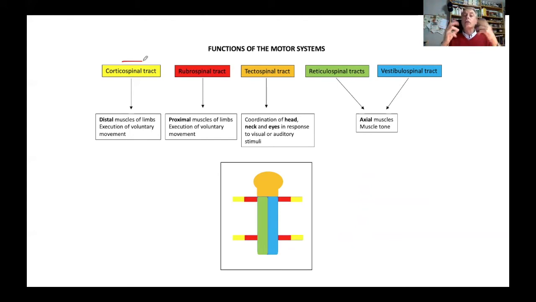So this corticospinal tract is going to innervate muscles that are in the distal portions of the limbs, right here, in the forelimbs or hind limbs. This tract is very well developed in primates, in our case, right?